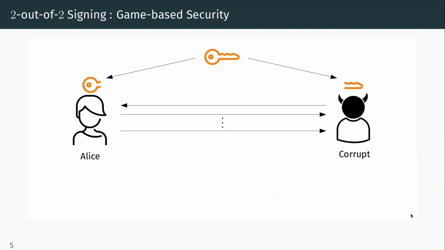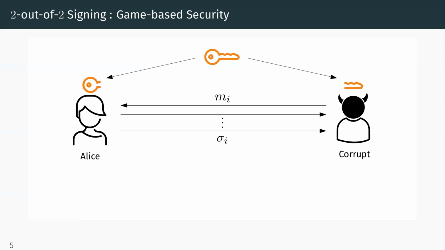Also, the game-based security notion can be defined as well, analogous to the normal unforgeability against chosen message attack game. Here we assume that one of the parties is corrupt, and this adversary has one share of the signing key. The adversary is able to query the honest party, Alice, with some message, and is able to obtain a signature corresponding to the queried message.